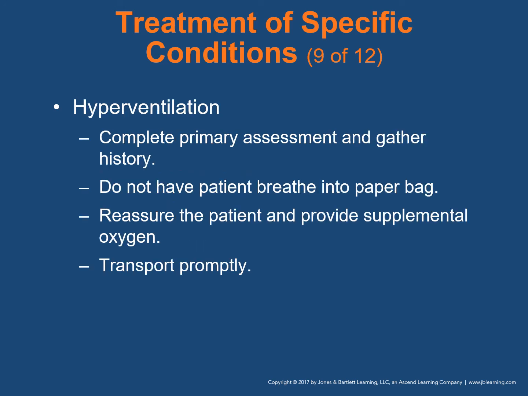Hyperventilation. So kind of vet out, is this hyperventilation syndrome from anxiety, panic attack? Is this a symptom of a medical condition, diabetic ketoacidosis, aspirin overdose, a super bad infection where they're breathing fast? And do what you need to do. If it's a panic attack, help them slow down their breathing, coach them, reassure them, and if giving them a little oxygen helps them calm down, then that's fine.